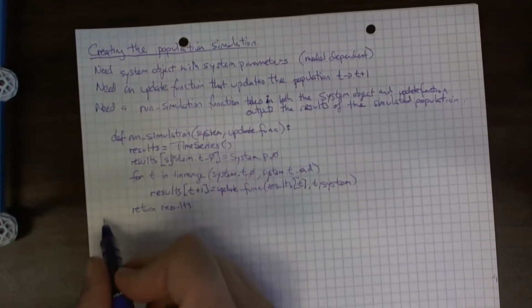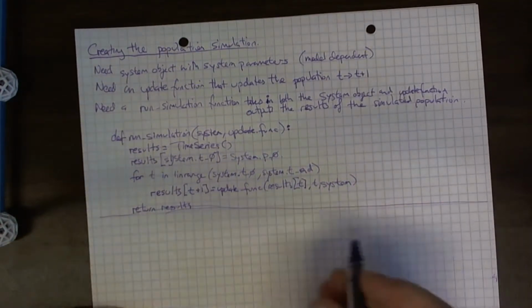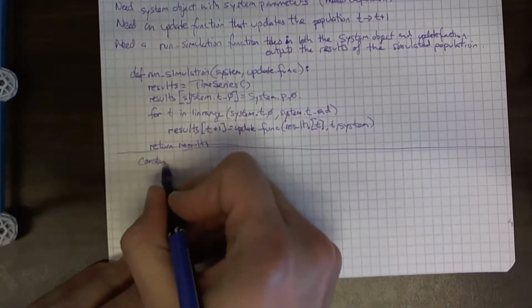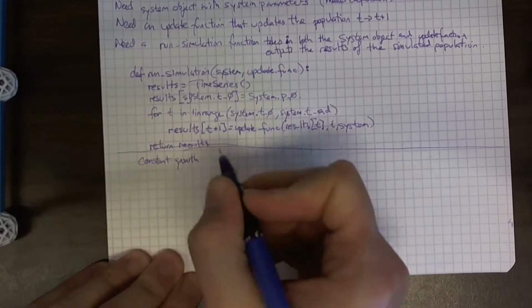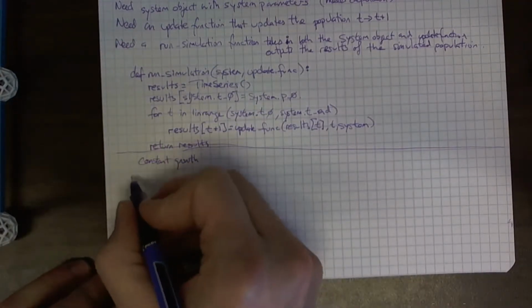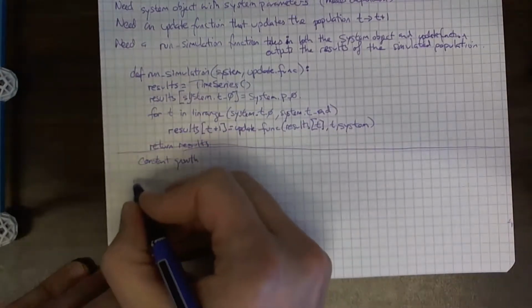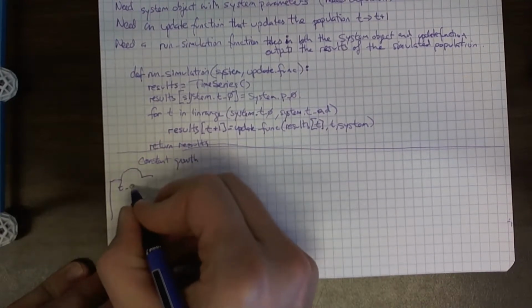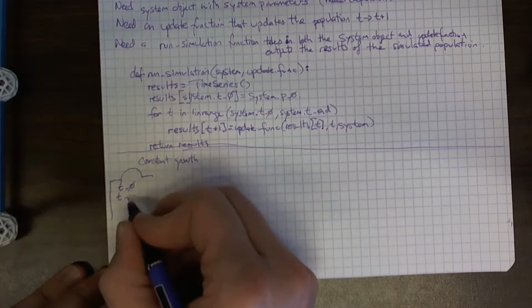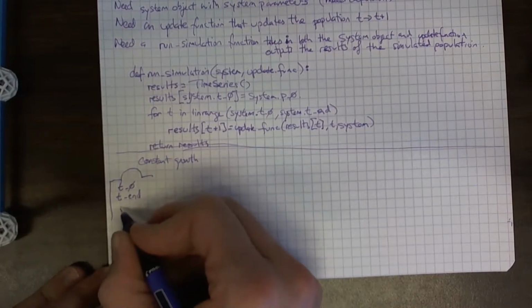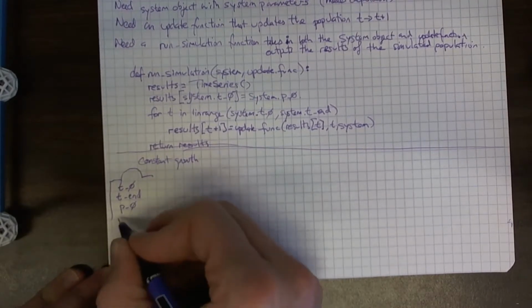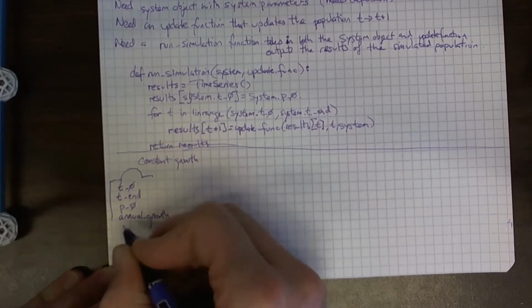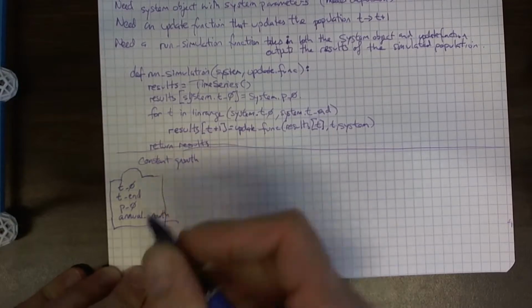All right, and so let's now compare our three different models. We had a constant growth model. For the constant growth model, we needed our system object to have the initial time, the end time, the initial population, and the annual growth. These are our system variables.